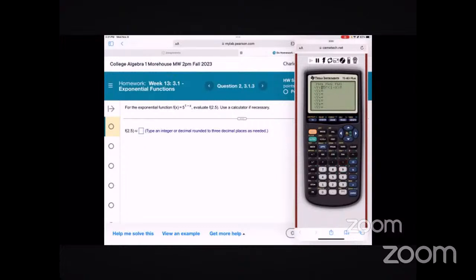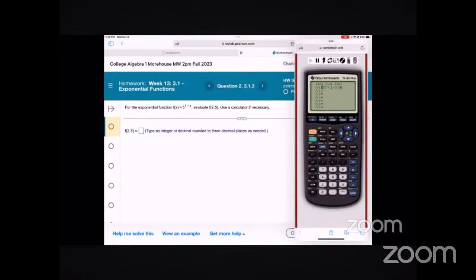Now the variable button, I do not know how to find that one. Probably one of these up here. Let me try F11. F7.